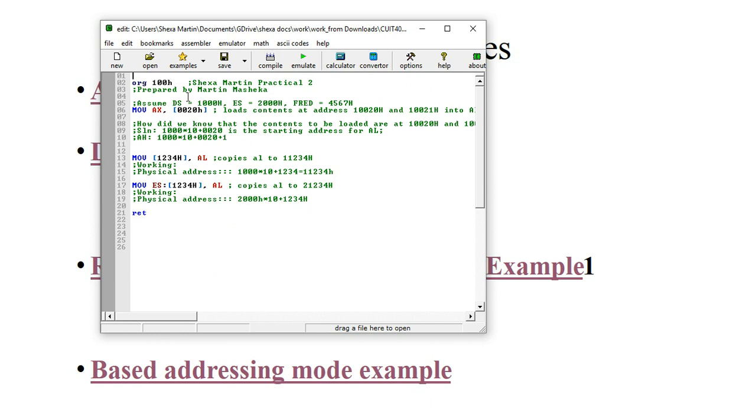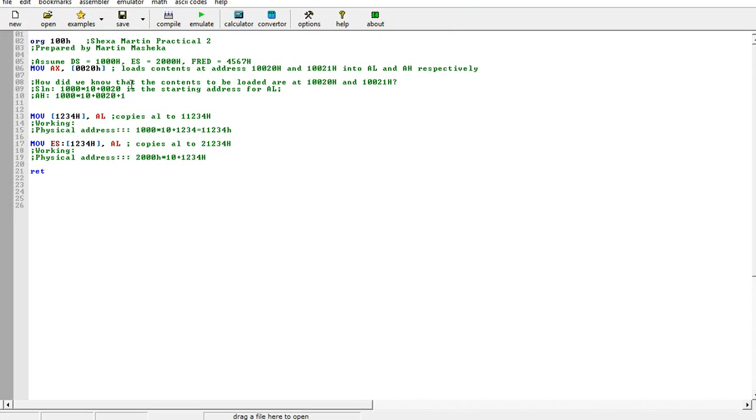Right, this is another example which is very simple. We are moving the contents of memory location 0020 into AX. And what do we have? If we have nothing, nothing is going to be loaded. If we have something, it's going to be loaded into AX.